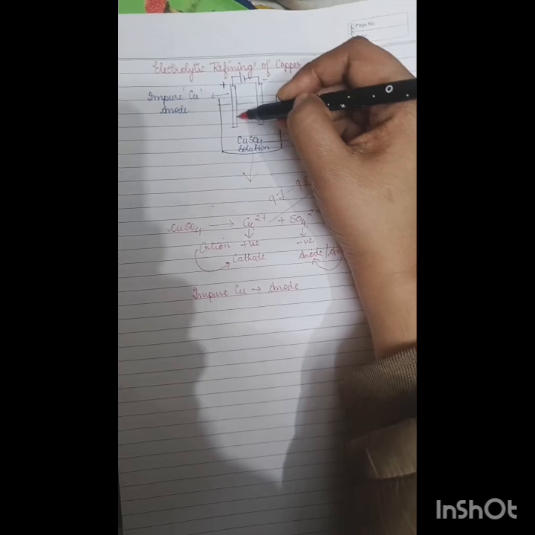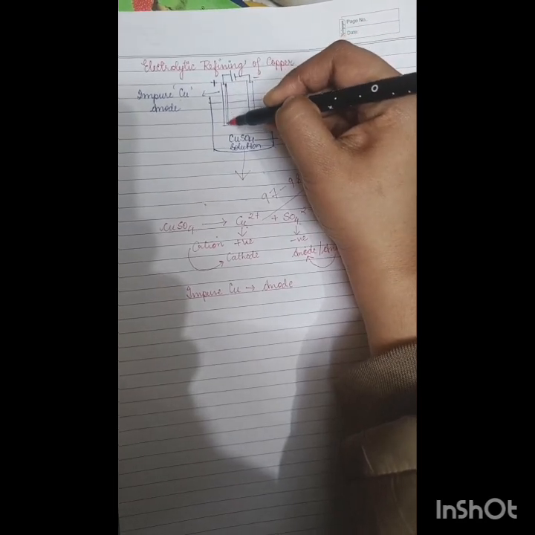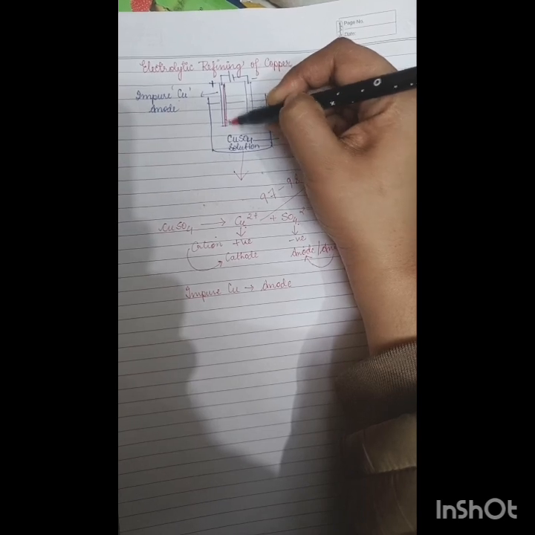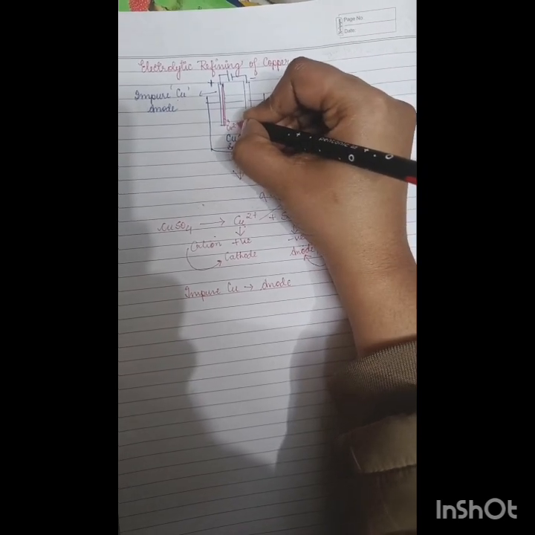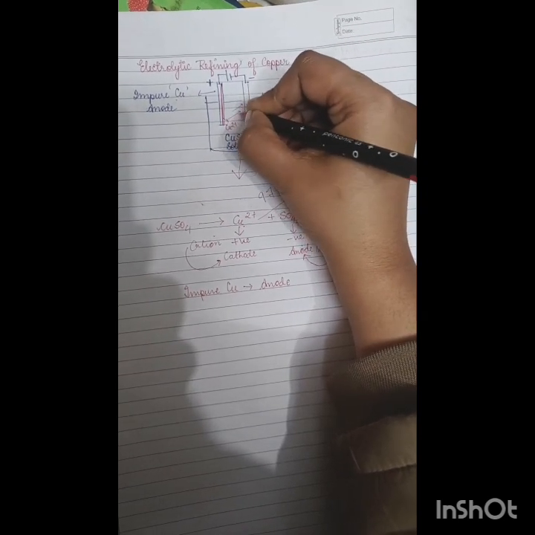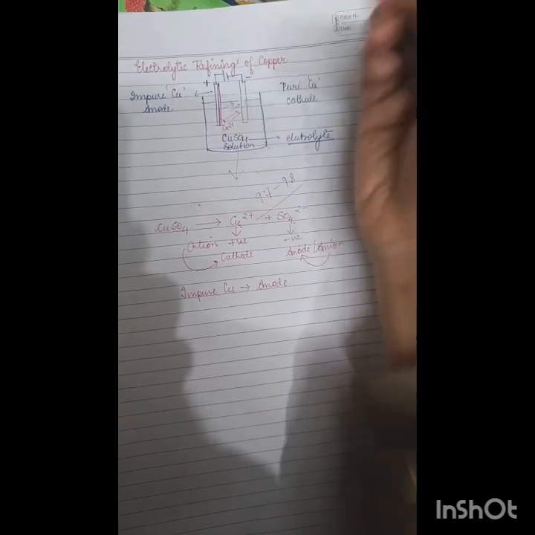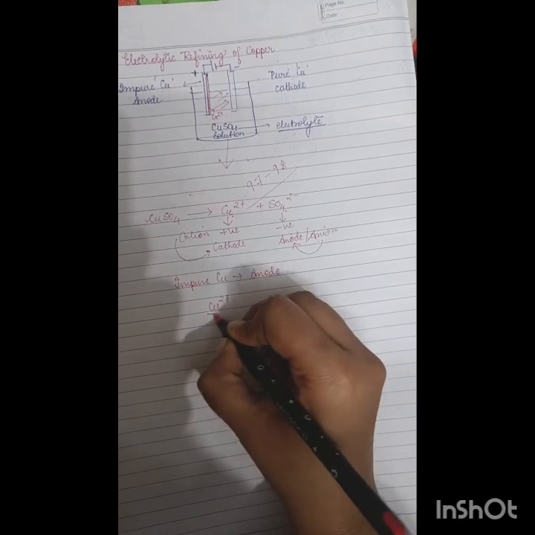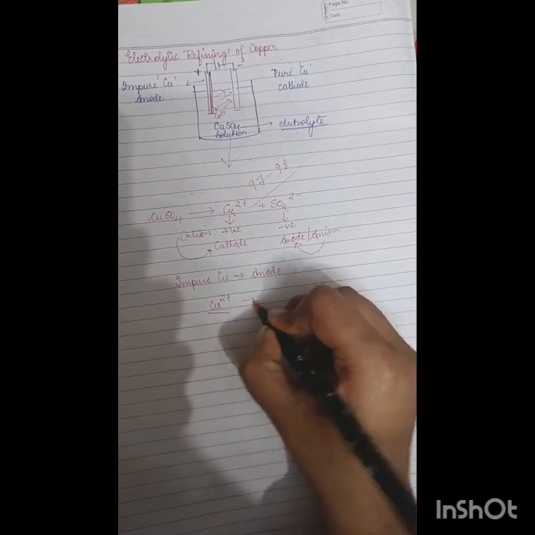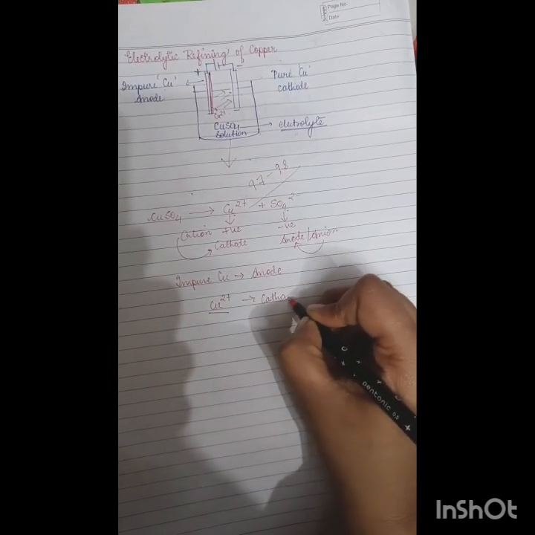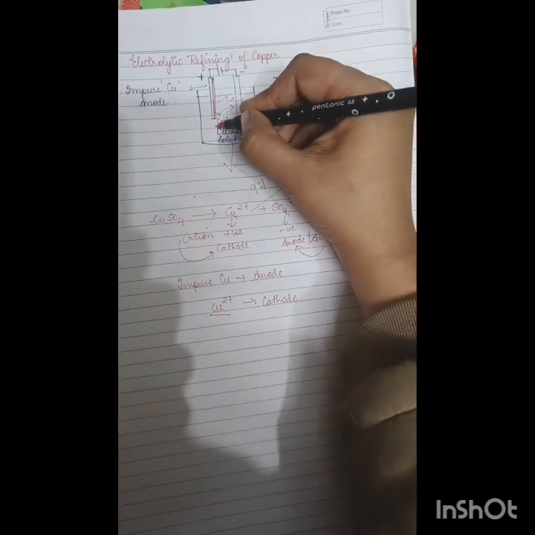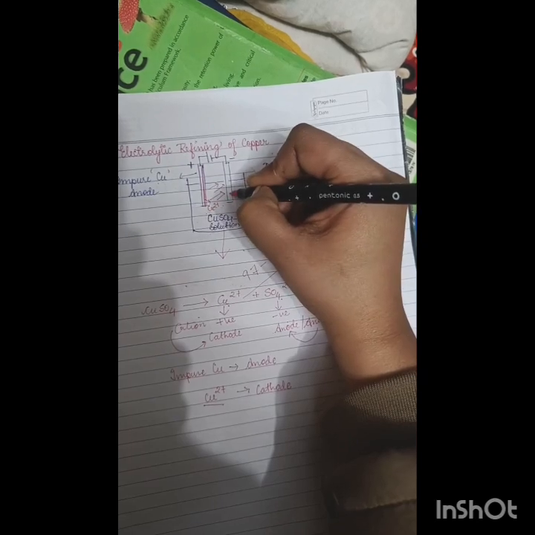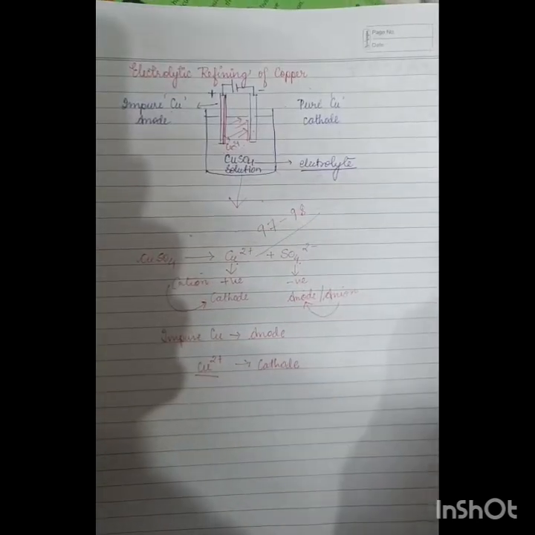After some time we will see that the width of the anode is declining, and it is releasing Cu2+ ions towards the cathode. Since the copper ion is released, it will go towards the cathode.